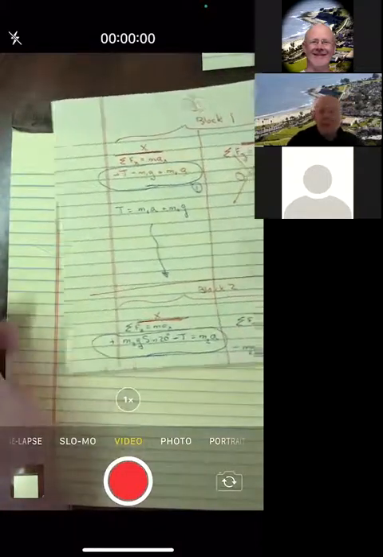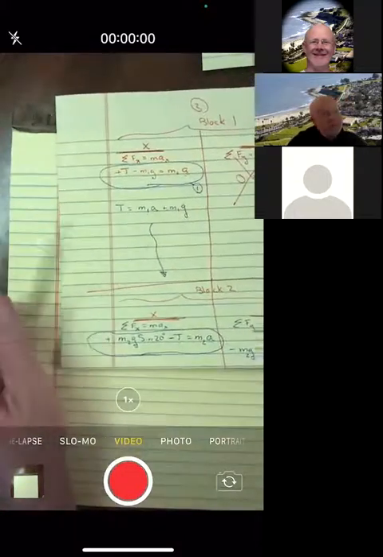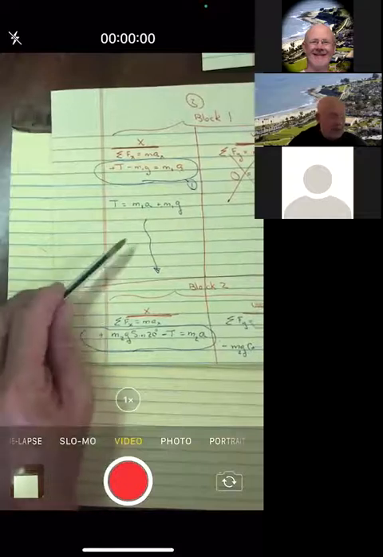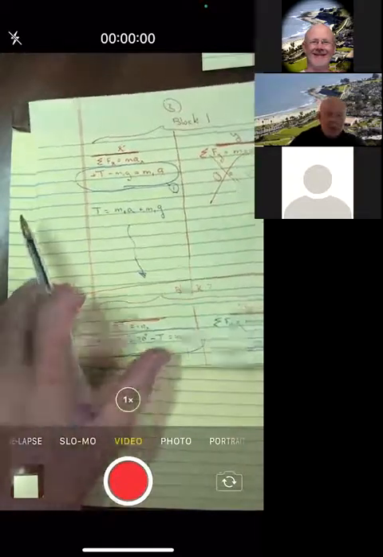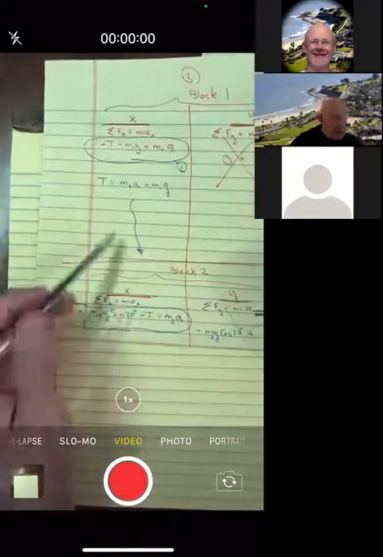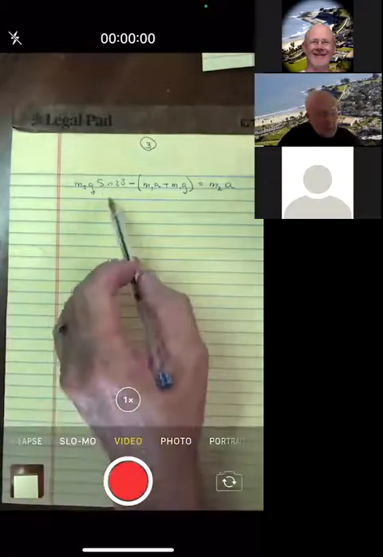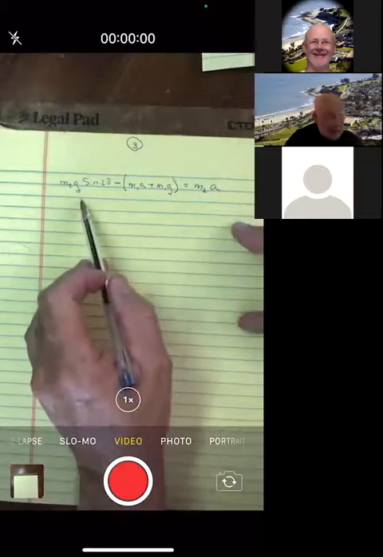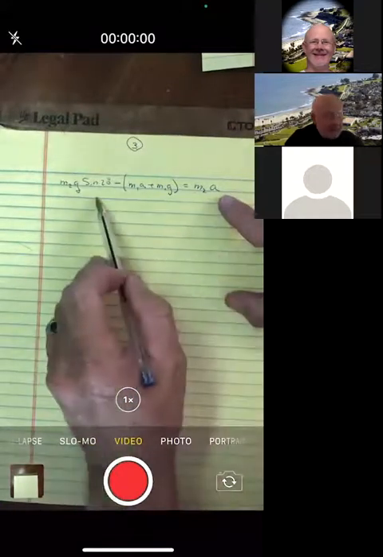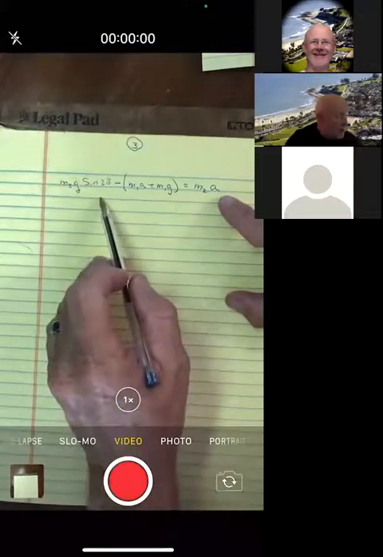All right, so that's what you probably learned in an algebra 2 course, or maybe it's algebra 1, a system of equations. 2 equations, 2 unknowns. And in the process of combining 2 equations, you can eliminate a variable. So I've eliminated T here. And I picked T because I really want what's left in here to be A and the masses, because that's what is given.